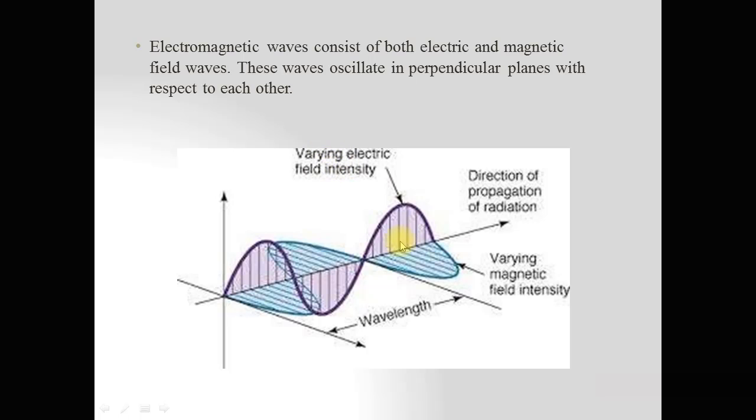So dear students, note that in this figure, there are the varying electric field intensity and the varying magnetic field intensity, and these are the wavelength and direction of propagation of radiation. So you see here this line intersects the varying electric field intensity at a 90 degree angle. So this is the orthogonal trajectory.